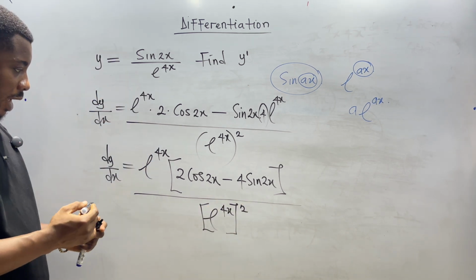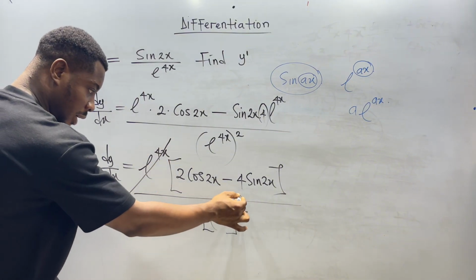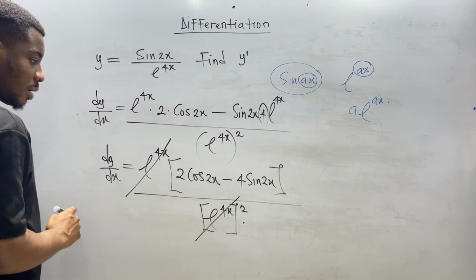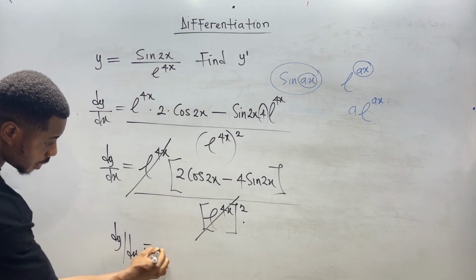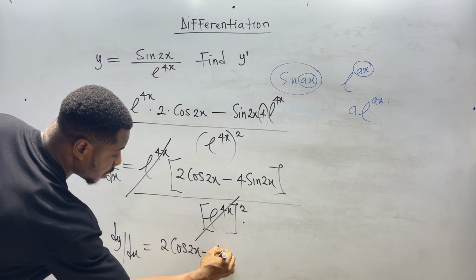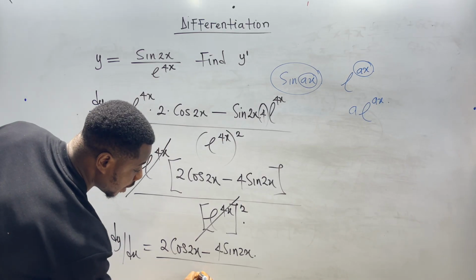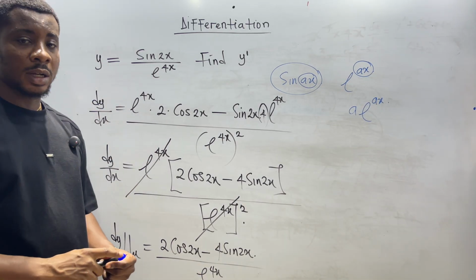These are common terms, so I can strike out one exponential 4x here, and I'm going to be left with the final answer: dy over dx is equal to 2 cos 2x minus 4 sine 2x divided by exponential 4x. Okay, so this is the final answer. All right.